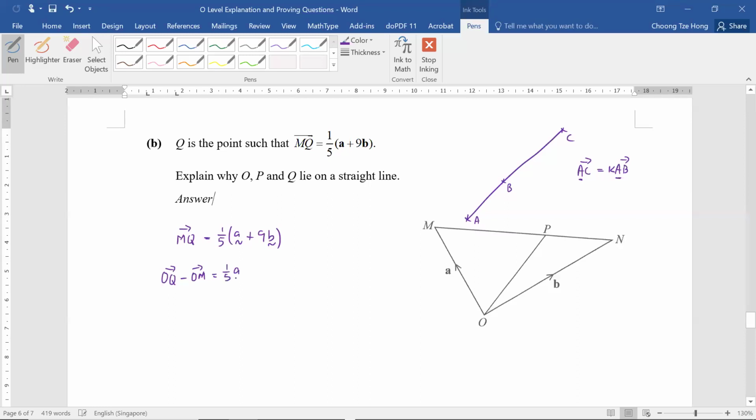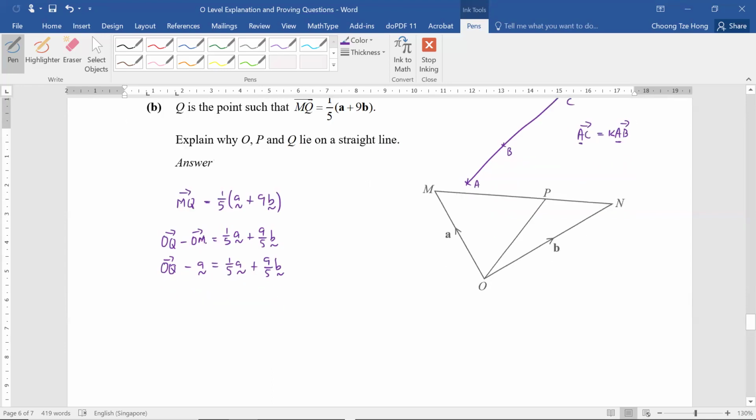Let's expand the right side. So you'll get this. OM is A, so let's write down the extra step first: OQ minus A equals 1/5 A plus 9/5 B. Let's bring the A to the other side.